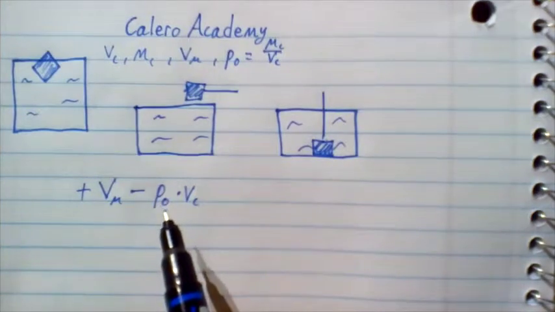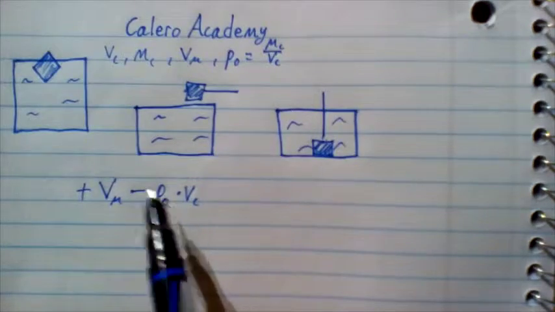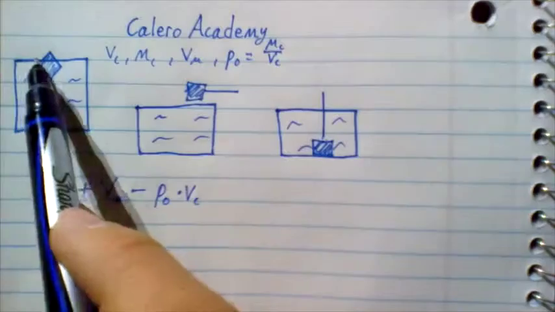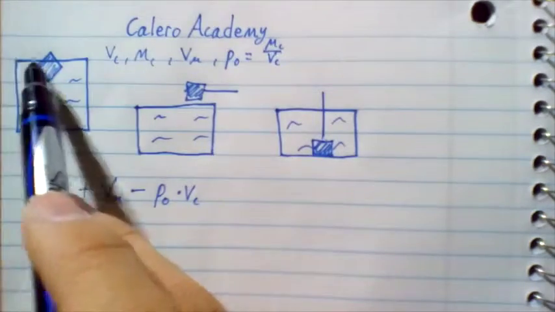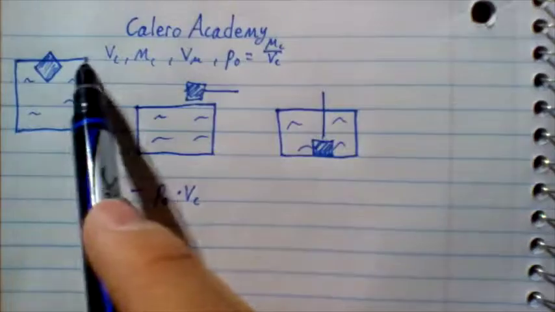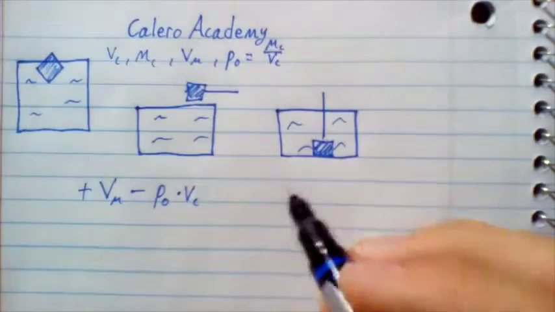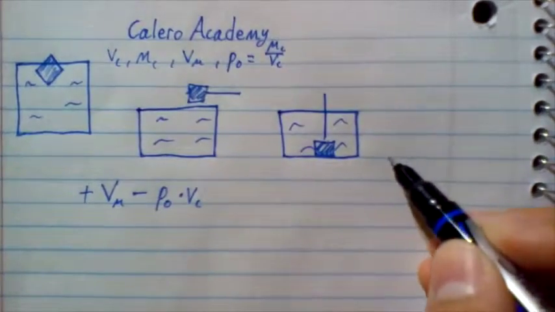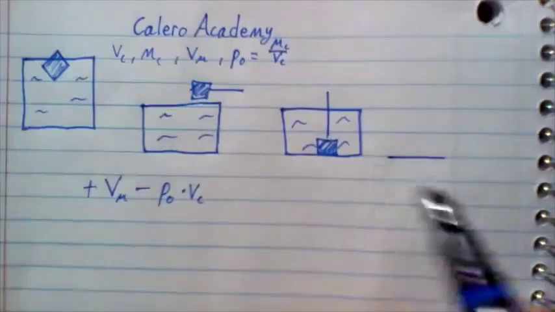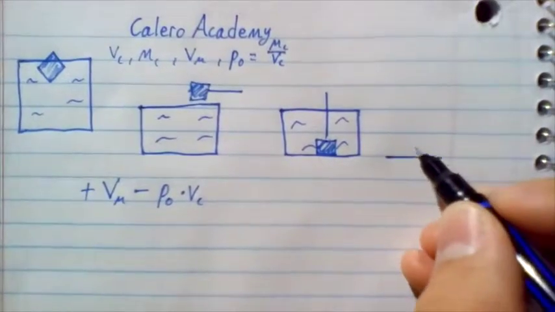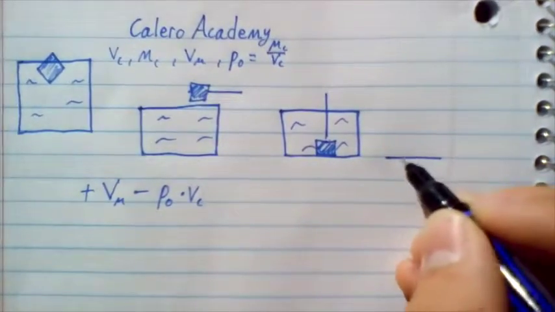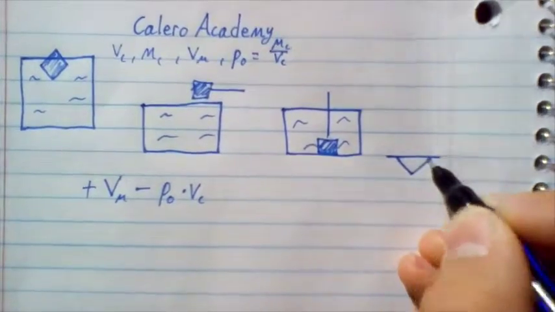So what this is saying is that we are going to be losing the volume of the ice cube that is below the water level. So what we're really doing, if we redraw our first case over here, is dividing our effects into negative.